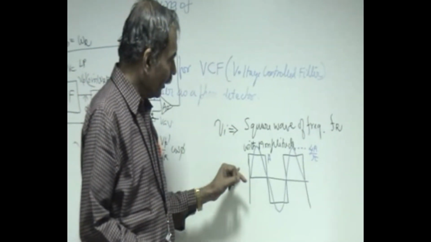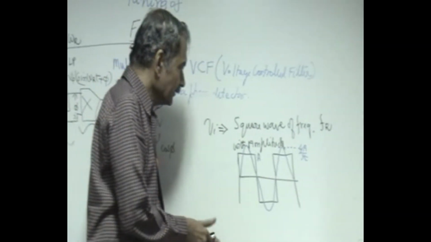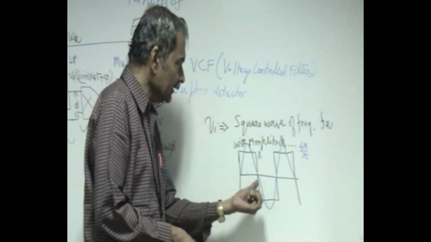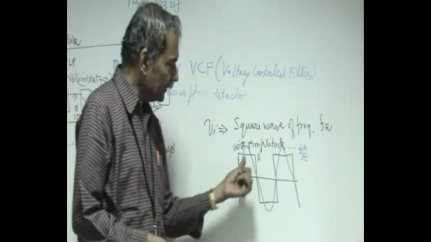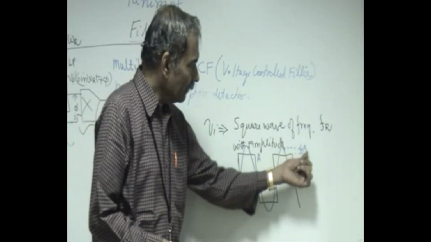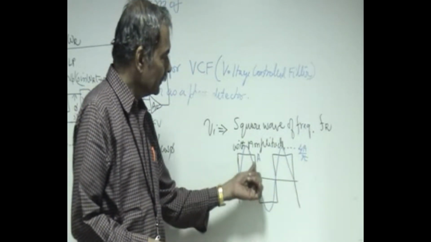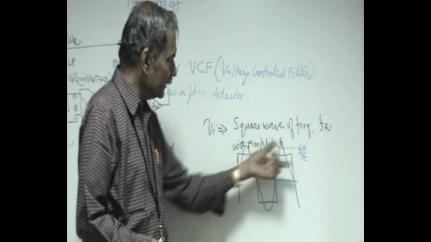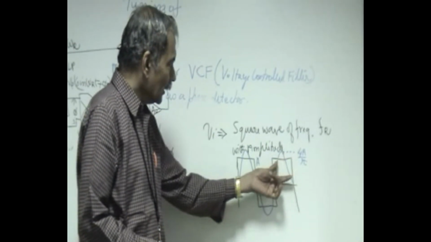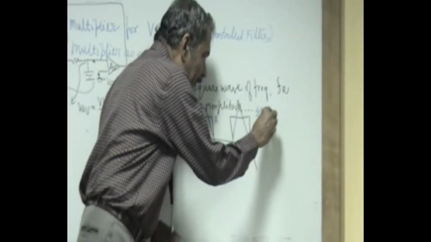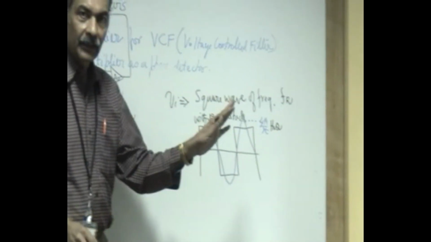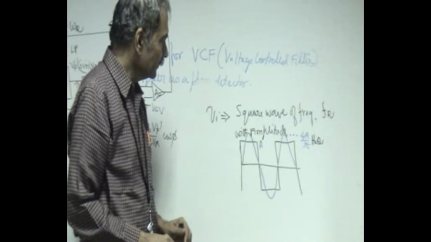At the output of the bandpass filter, we get the sine wave, which at the input is 4A by pi, if A is the square wave, right? 4A by pi, that means more than the amplitude of the square wave by this factor, 4 by pi. And that into H naught into Q is the output that appears at the bandpass filter.